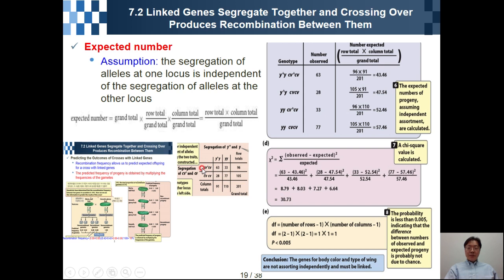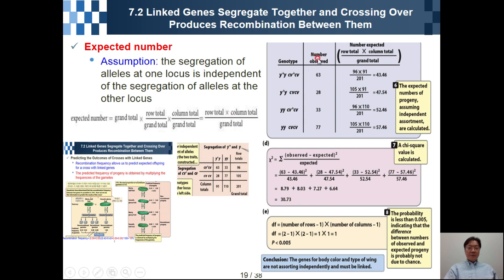And also this is the cb plus cb. The frequency will be the row total, 96, per grand total. So finally the expected number will be the row total multiplied by the column total per grand total, like this.